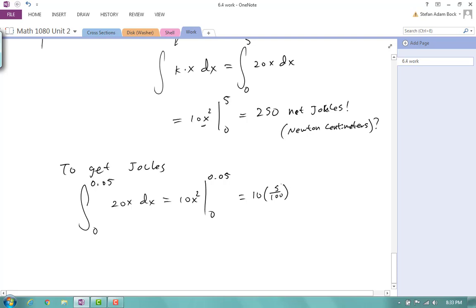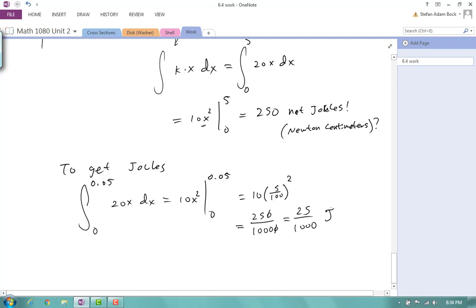So I'll use fractions because I like fractions, and I get 5 over 100, or it looks like I got 250 divided by 10,000. Certainly not newton centimeters, but this will be in joules.